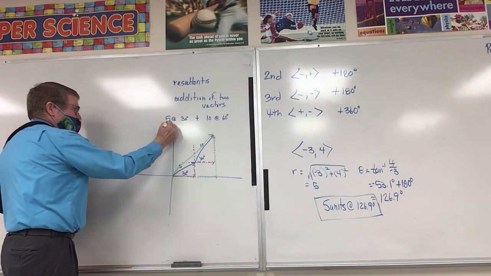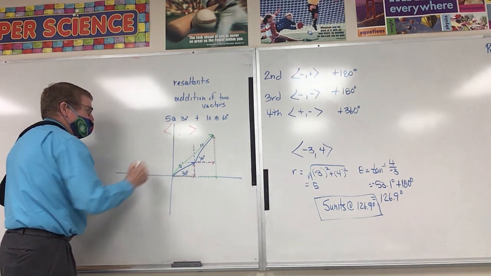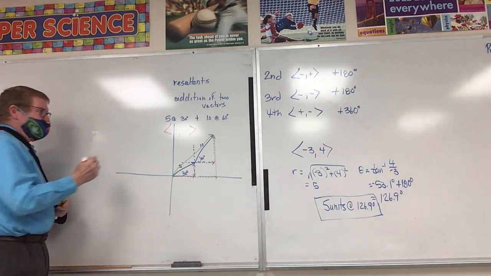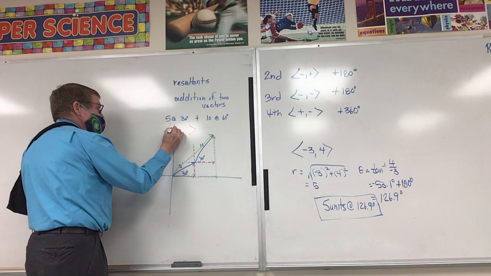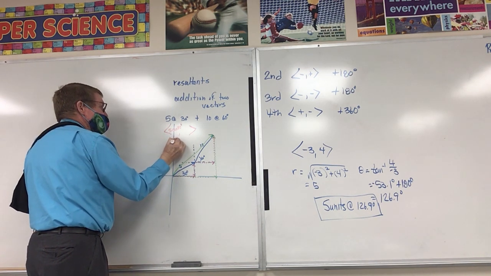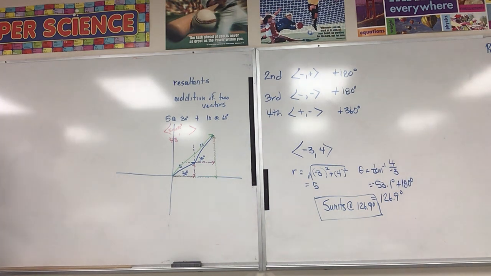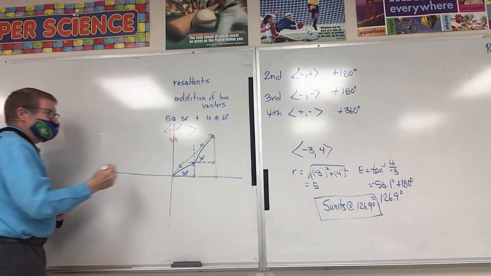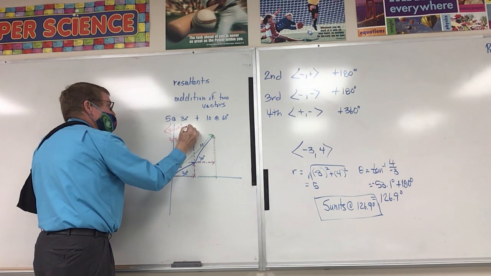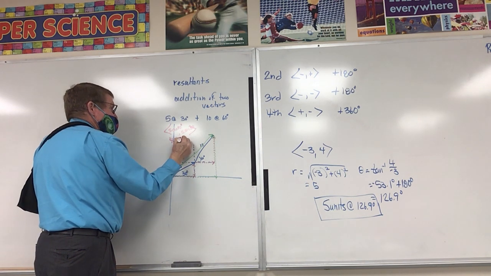5 at 30. How do I find my x? 5 cosine of 30. How do I find my y? 5 sine 30.